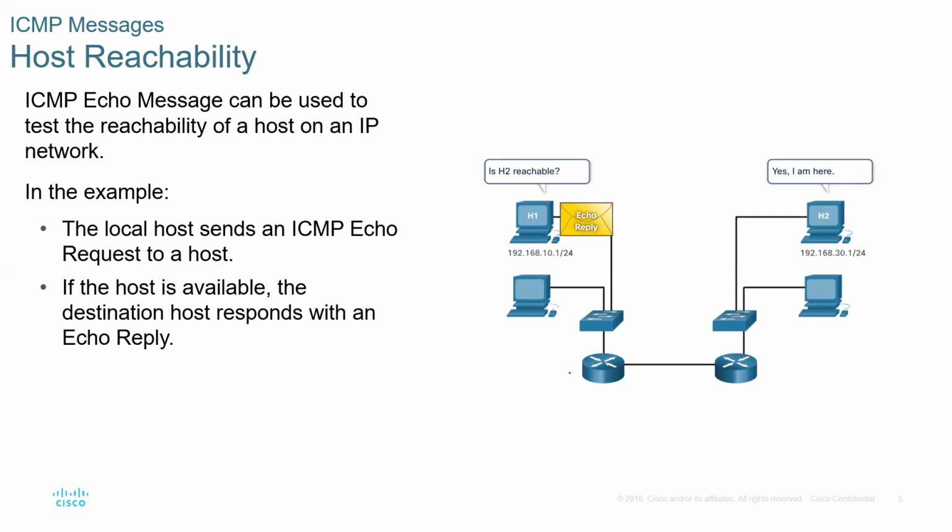The echo message can be used to test for reachability of a host on an IP network. In the example, the local host sends the echo request to the destination host. If the host is available, the destination host responds with an echo reply. This is just a summary of what we call ping. So with ping, we send an echo request, and this is the reply.